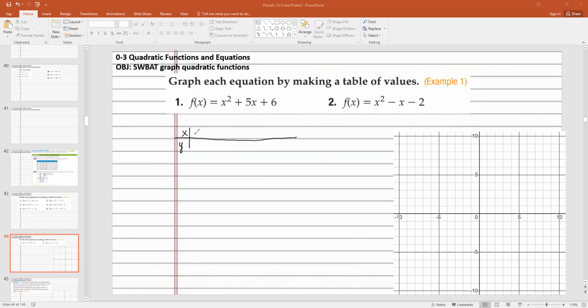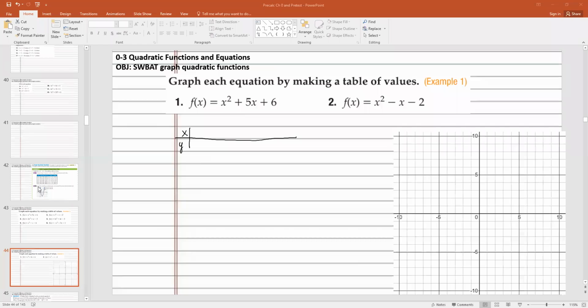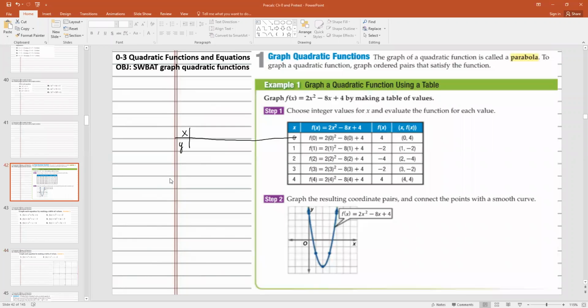I'll show you how to choose these values later. Right now, because this is our first time, we're just going to choose random values.